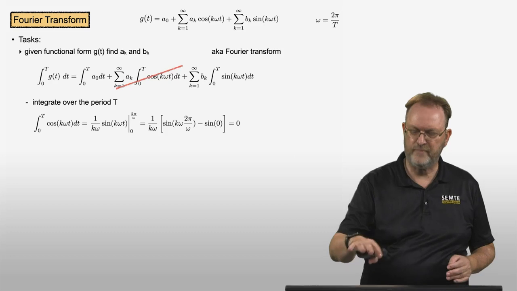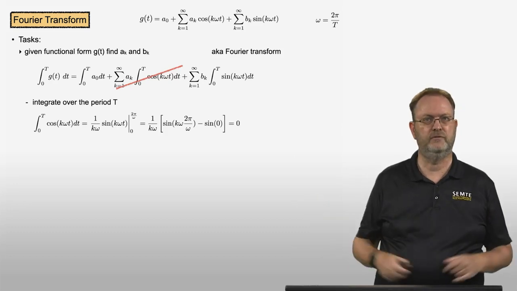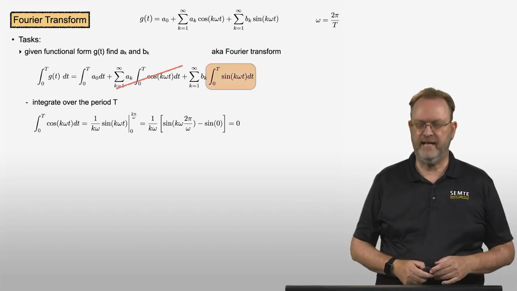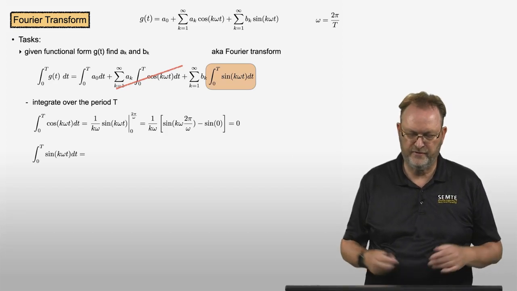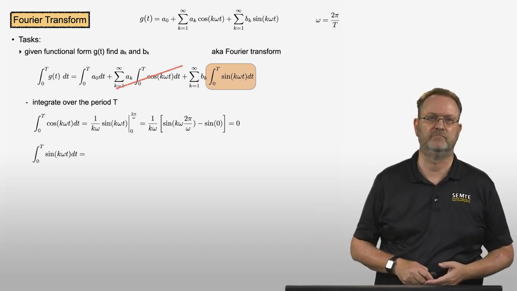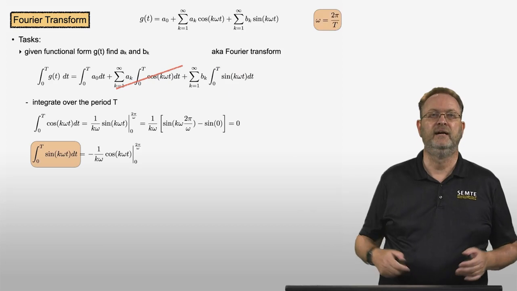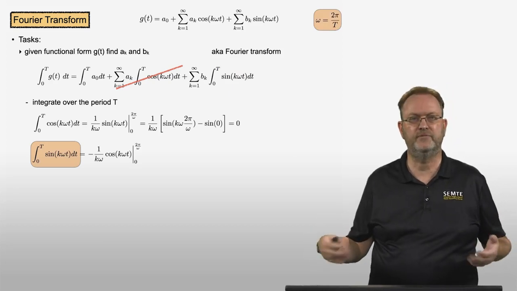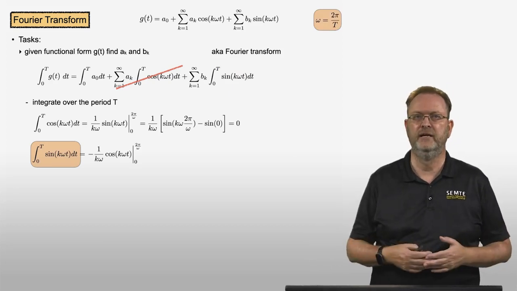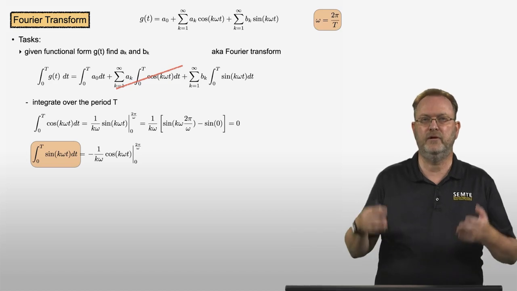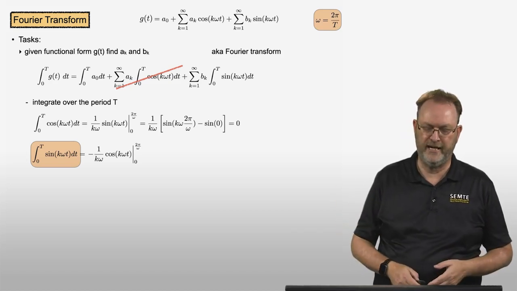So this entire sum there is just 0. Okay, next up, the integral from 0 to T of the sine of k omega t. If I integrate this analytically, I get negative 1 over k omega times the cosine of k omega t between the integration bounds of 0 and T, but T is 2 pi over omega.